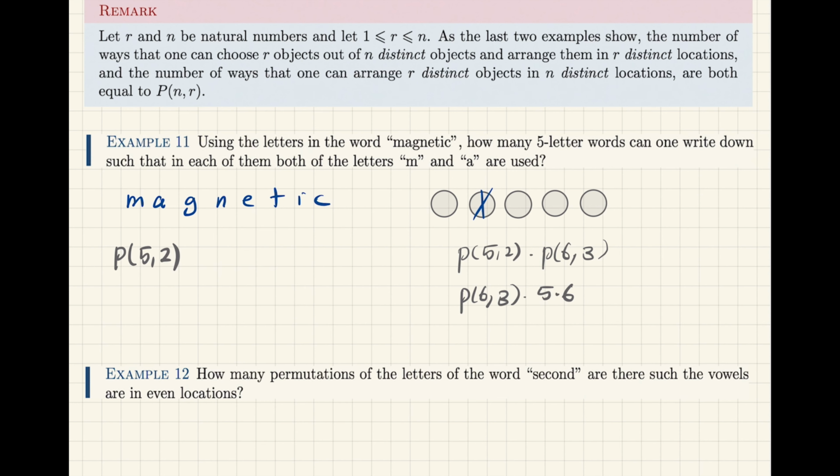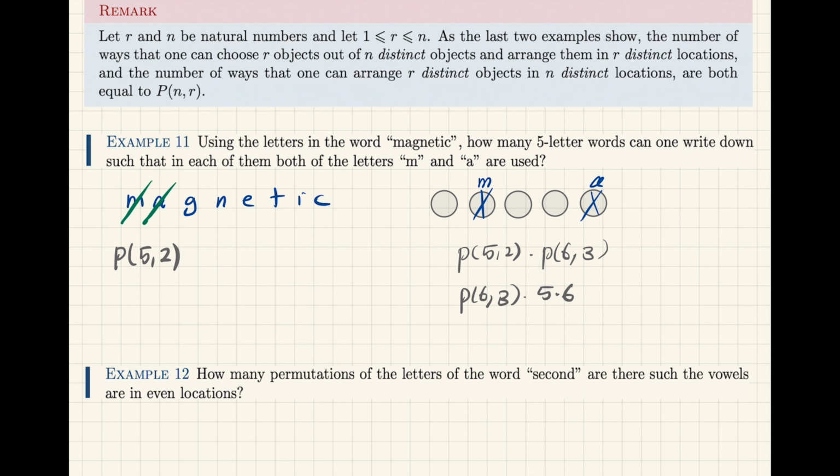For example, you choose to put M here, A there. This is one scenario. How many positions are left? 3, but M is gone, A is also gone, so the number of objects is more than the number of positions. But it doesn't matter again by that remark.